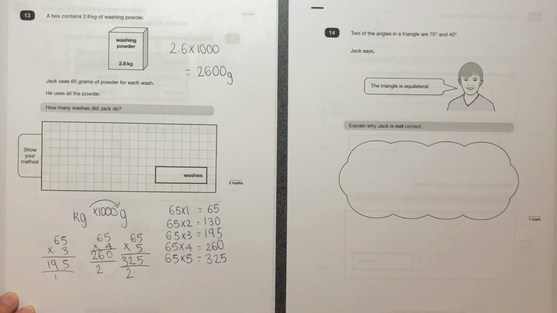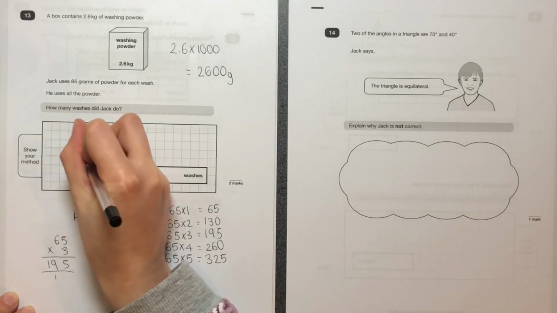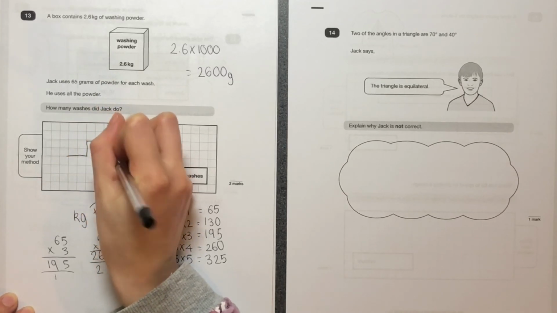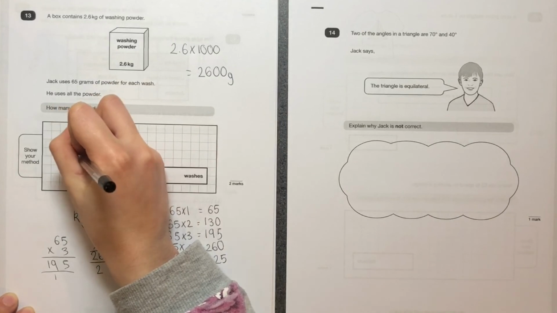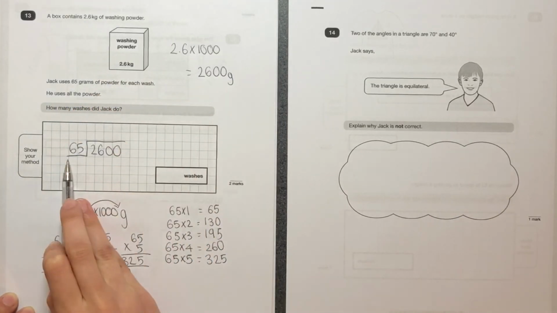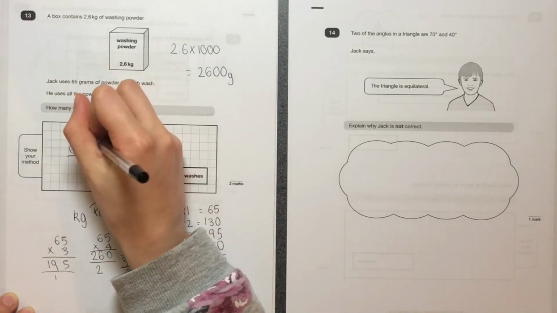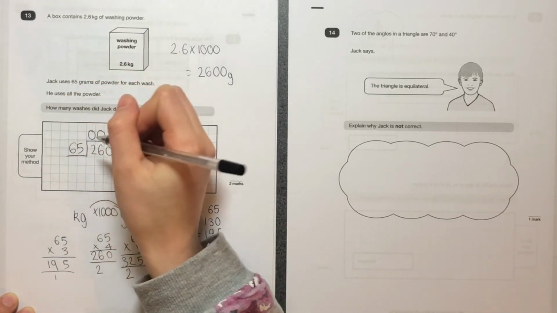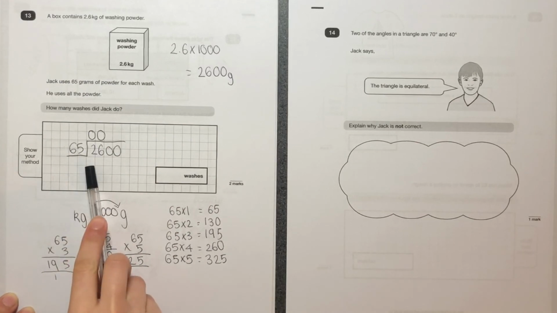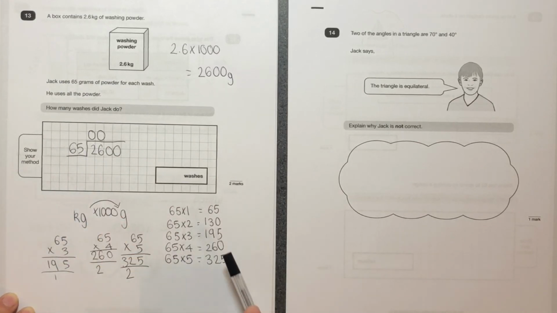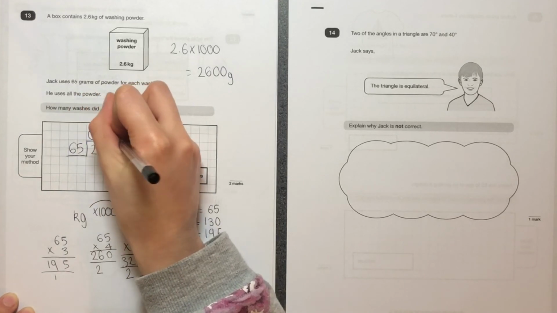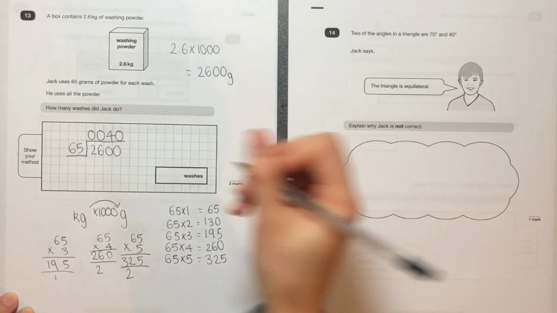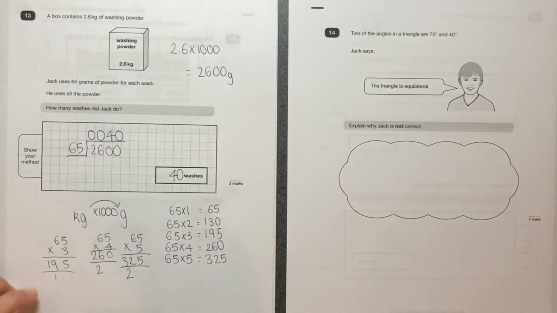Now we can easily work out our division. 2,600 divided by 65. 65 goes into 2 0 times. 65 goes into 26 0 times. 65 goes into 260. We can see here it goes 4 times, and 0, we can just carry the 0 up. And our answer is 40 washes.